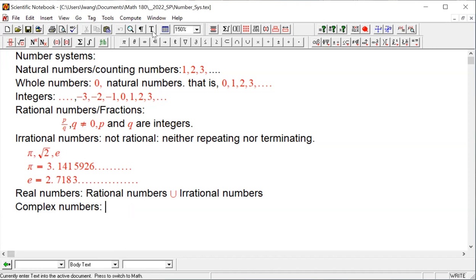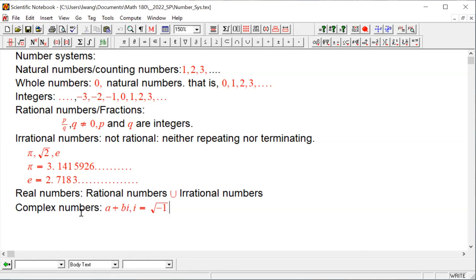A complex number is defined as a real number plus another real number multiplied by something we call i. i is a very special number, and i is equal to the square root of -1. Any complex number can be written in this form.